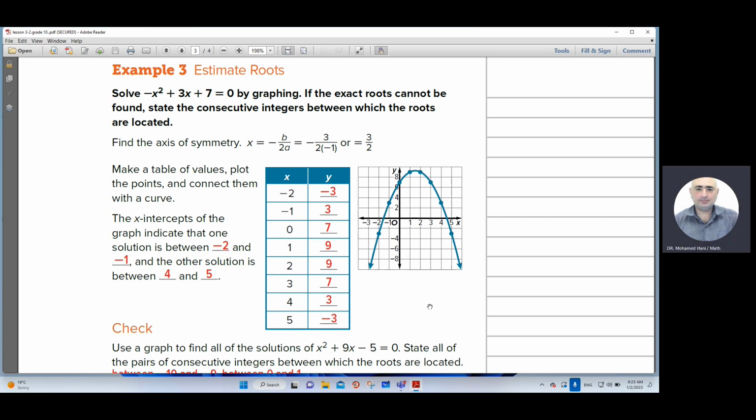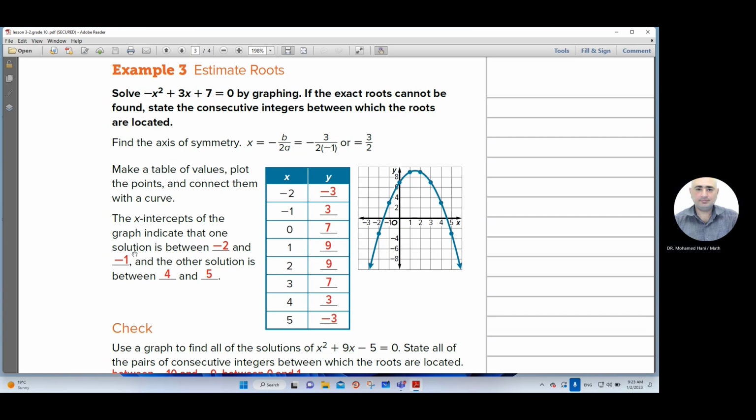As you see, the common points between the graph and the x-axis, we have 2 points. We have the first point here, the second point here. What is the value of the point here between negative 1 and negative 2? We cannot know exactly what the value is, but between negative 2 and negative 1, this is an estimation. And the second solution is between 4 and 5.